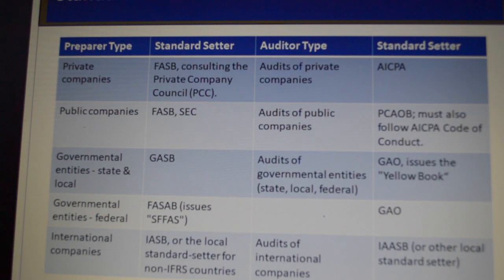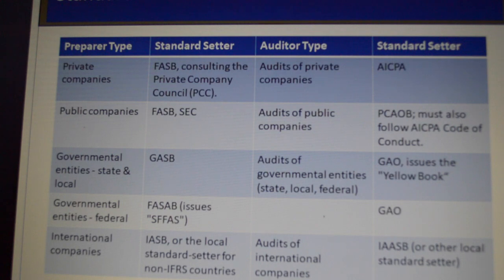Auditor type is audit of private companies, and the standard setter is AICPA. Public companies. Standard setters are FASB and SEC. Audits of public companies. Standard setting body is PCAOB. Must also follow the AICPA Code of Conduct.